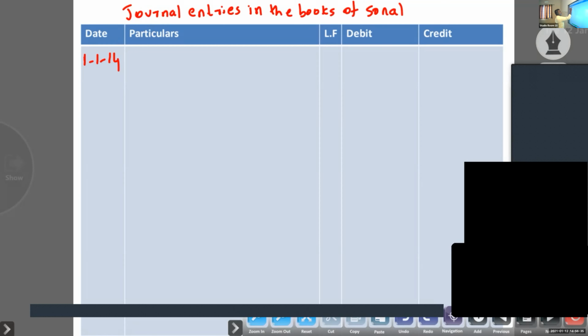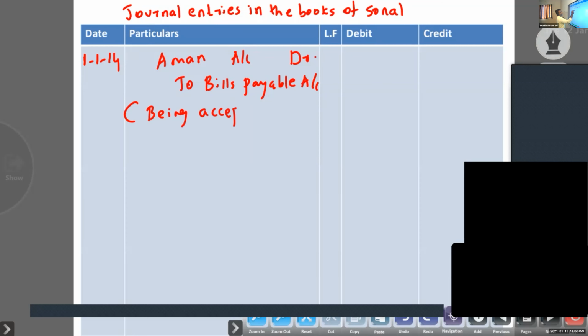So here Aman account debtor to bills payable account. Being acceptance given.